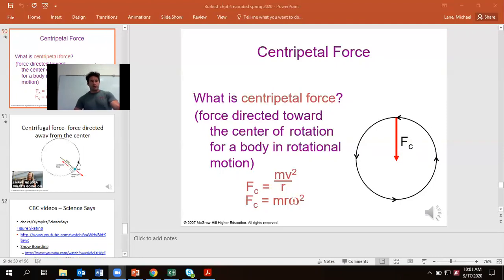How fast do we need to get that object rotating so you can feel double gravity? So with that formula, how are we going to set it up, guys?